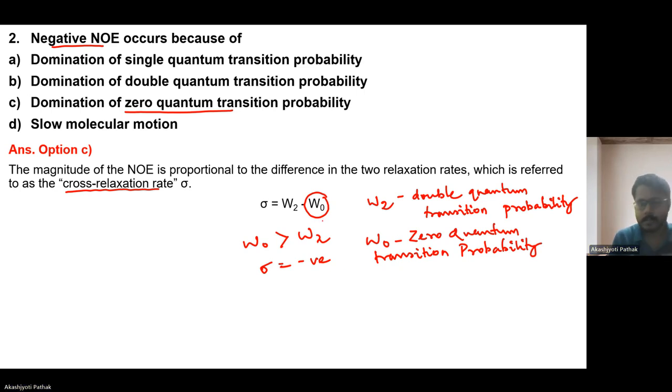And if W2, the double quantum transition probability, is greater than W0, then sigma will be positive. We will try to understand what exactly the double quantum transition probability and zero quantum transition probability are.